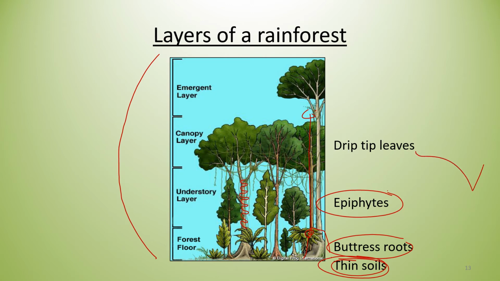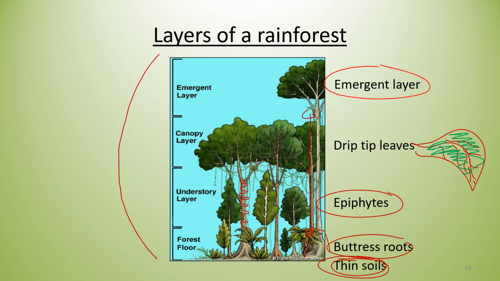Drip-tip leaves look as so that the water runs off them and towards the forest floor, but also so that algae doesn't grow on the leaf, because if algae did grow on the leaf, they wouldn't be able to photosynthesize. And finally, the emergent layer. The emergent layer extends 30 to 40 meters tall, competing for that sunlight above.